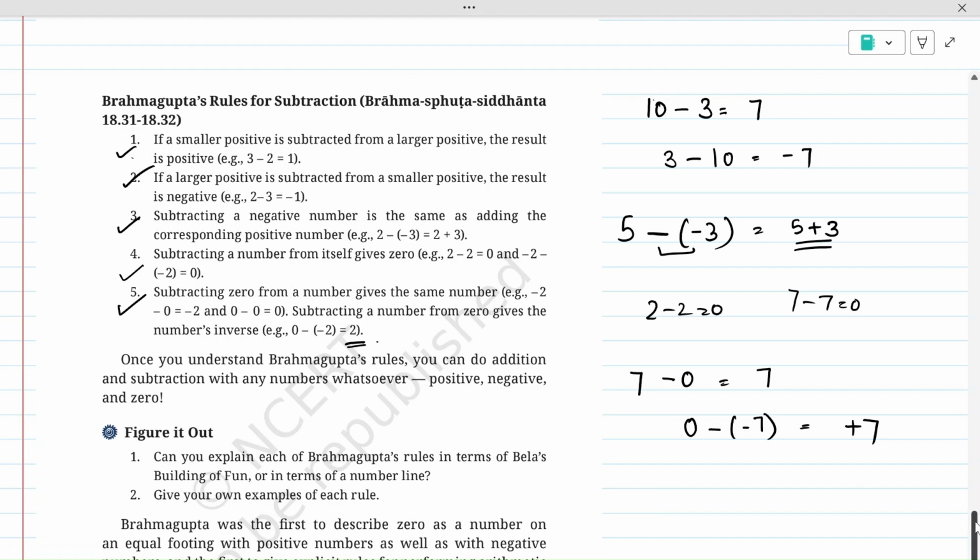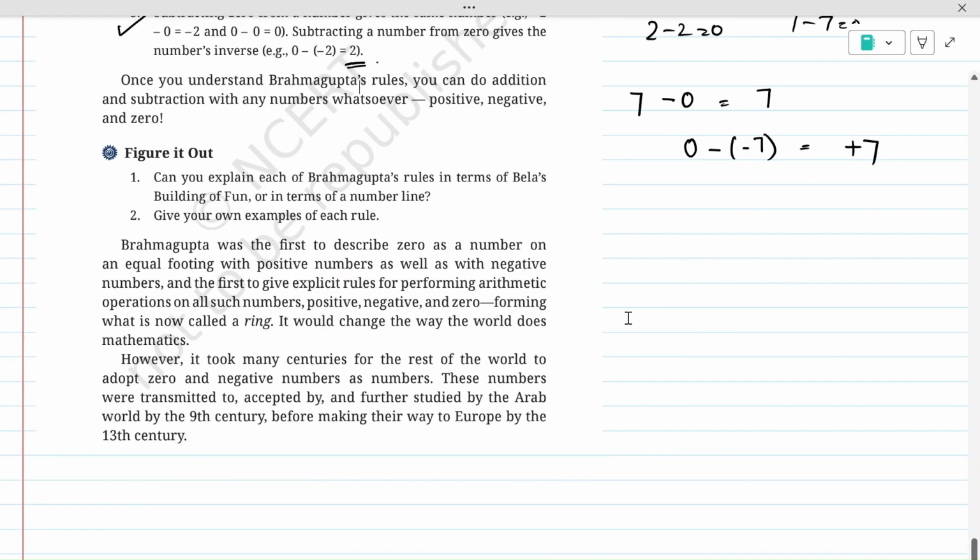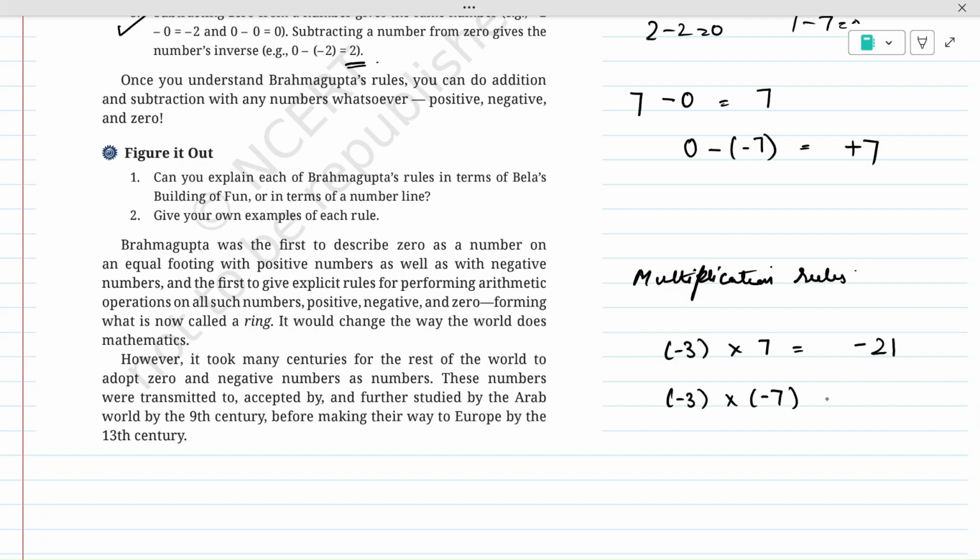In addition to these rules, I'm also telling some rules on multiplication. I'm writing the multiplication rules here. If I am multiplying a positive number with a negative number, the answer will always be negative. If I am multiplying two negative numbers, the answer will be positive.